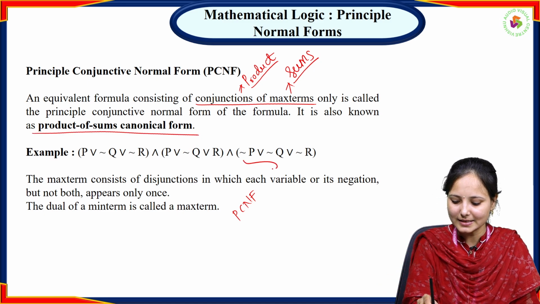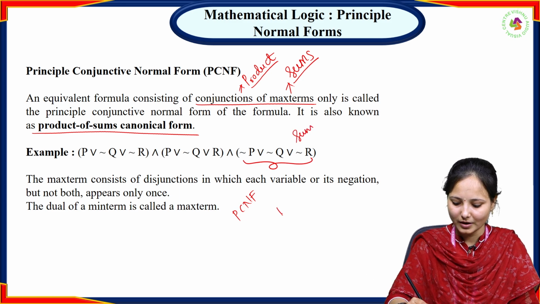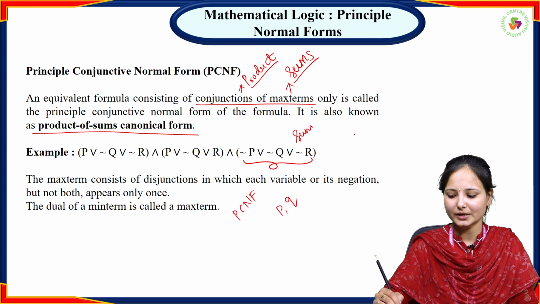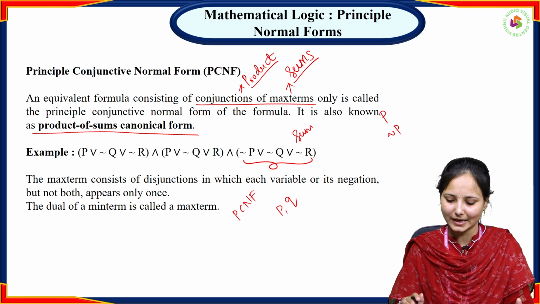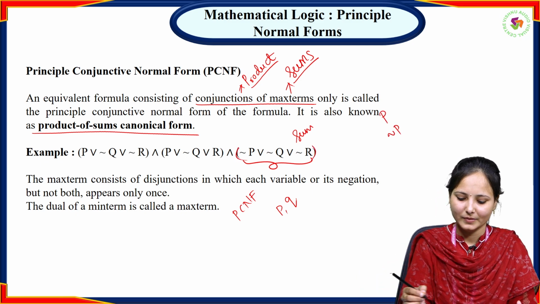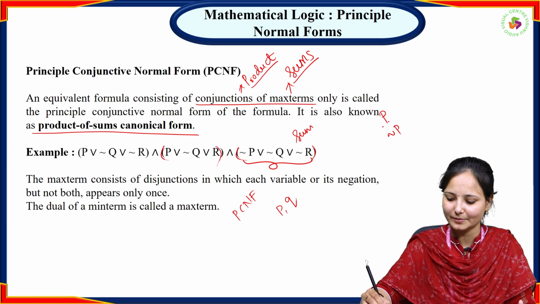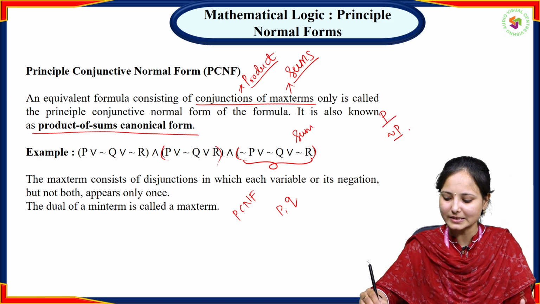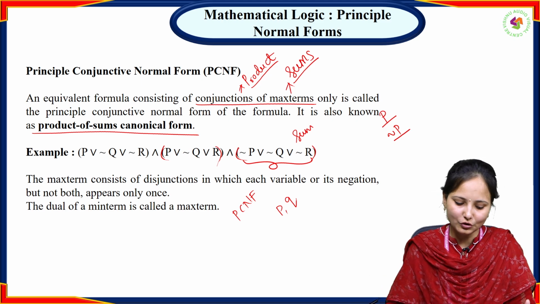Here these max terms or sum terms should be variables of P, Q, whether it is a statement or its negation, but not both at one sum or at one max term. Either we can have only one, a variable or its negation, but not both. So this is known as the principal conjunctive normal form.